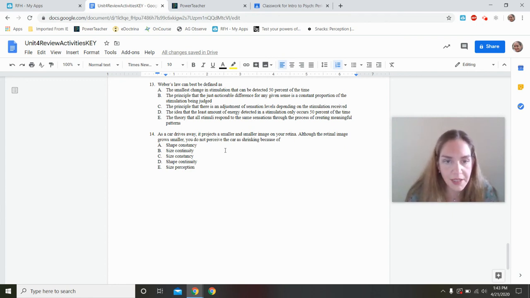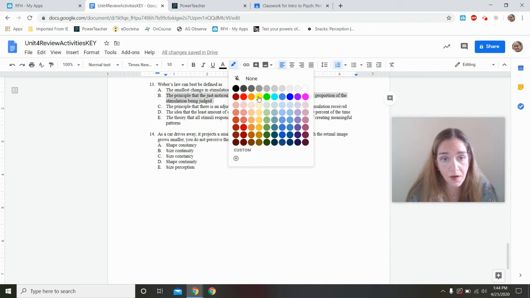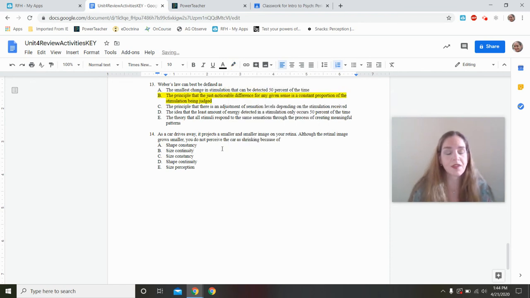The theory that the least amount of energy detected in a stimulation only occurs 50% of the time? No. Or the theory that all stimuli respond to the same sensations through the process of creating meaningful patterns? That's Gestalt. So yeah, the principle that the just noticeable difference is very high when the stimulus intensity is high and low when it is low. That is what B is saying.